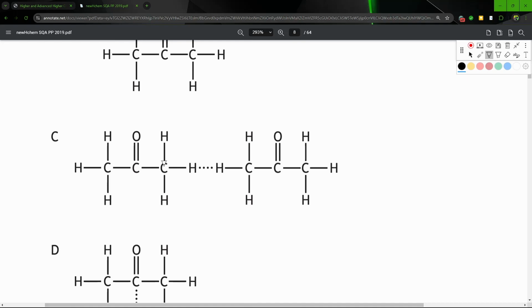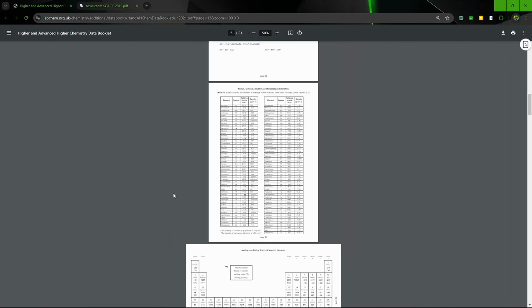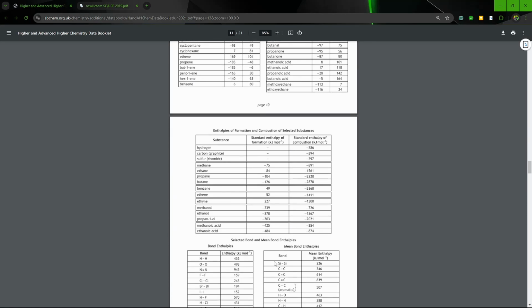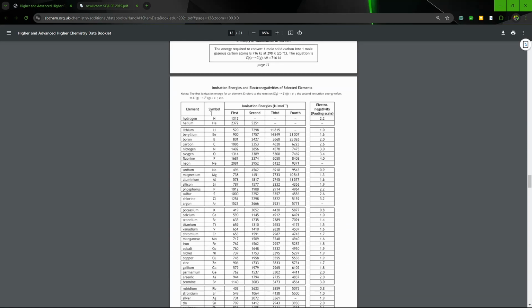Remember, CH and CH, that's just bad. I'm sorry, that's just horrific. And the same thing applies. If I go and check our table, hydrogen has an electronegativity of 2.2, and carbon has 2.6.